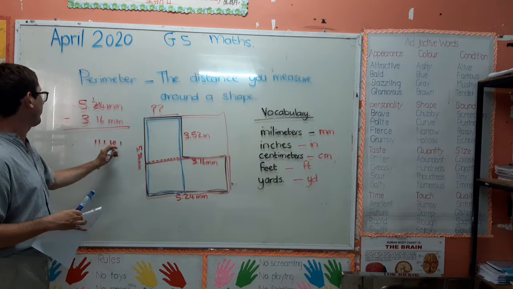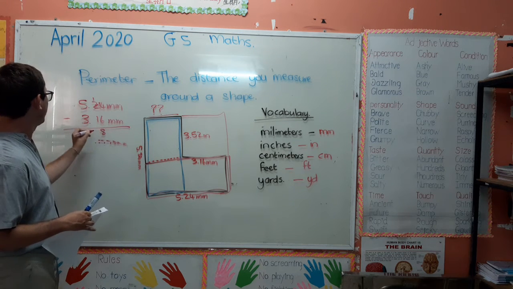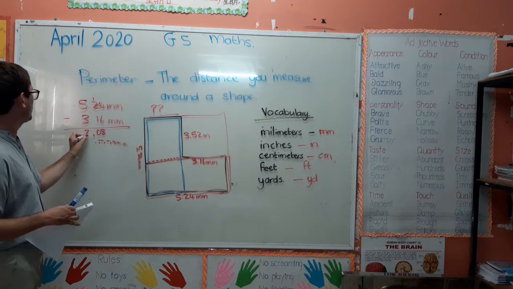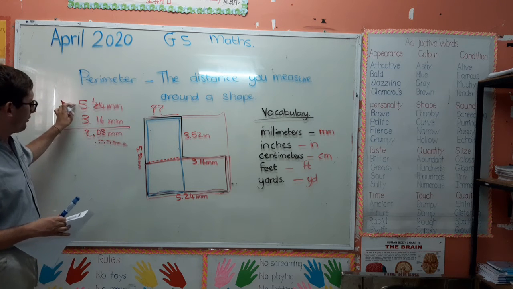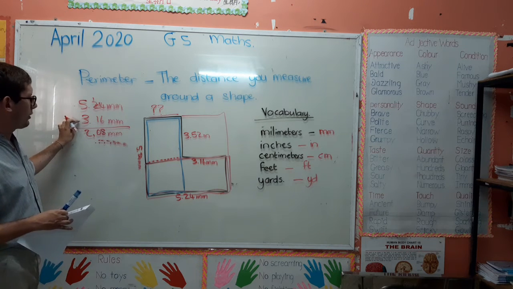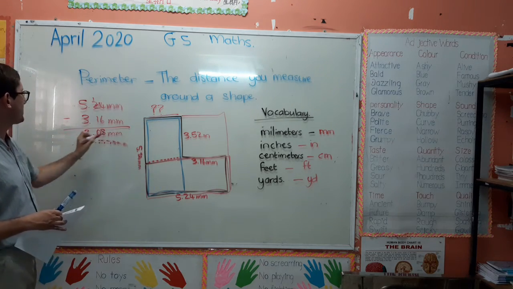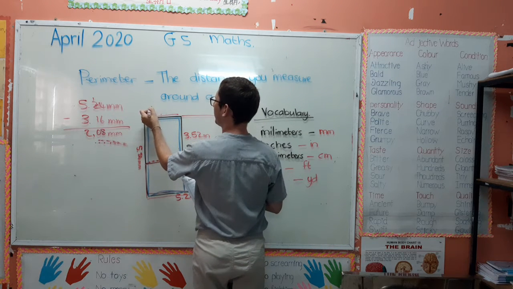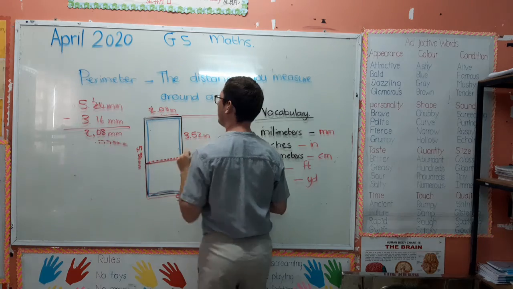Yes, so it will be 8. That will be 0, and 5 minus 3 is 2. This is 5.24 minus 3.16. And then you get the measurement for this one. It's 2.08 millimeters.